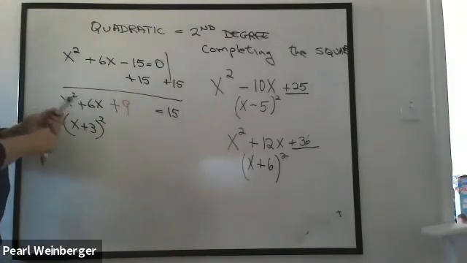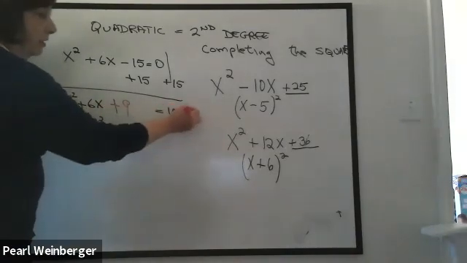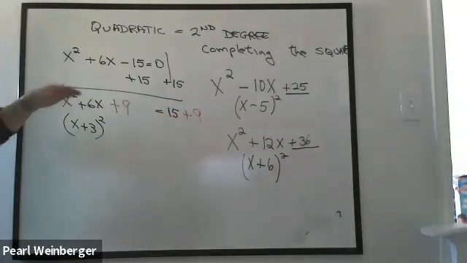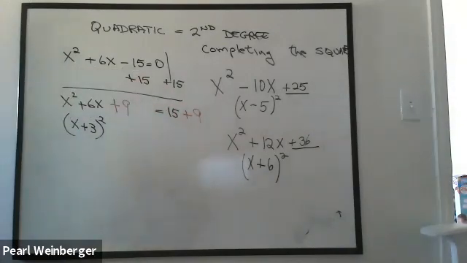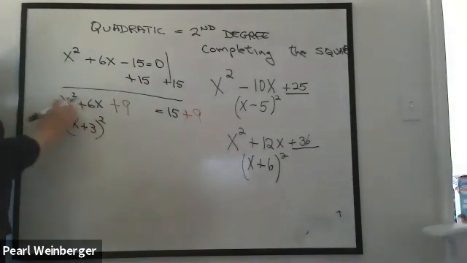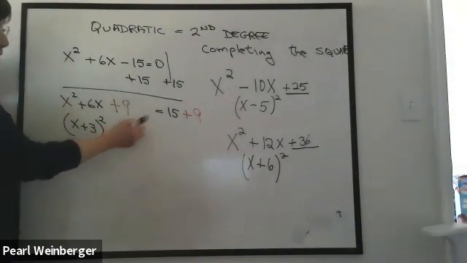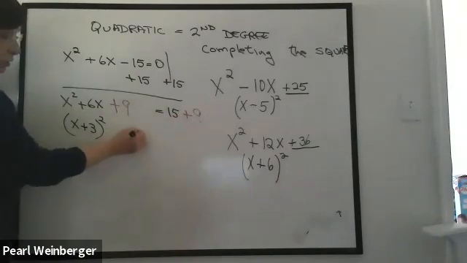Now, be very careful. I added 9 on this side of the equation, so I better add 9 to the other side as well. I cannot add something to one side of the equation without doing the exact same thing to the other side. Now, I forced this side to be a binomial squared. On the other side, what do I have? I have 15 plus 9, which is 24.